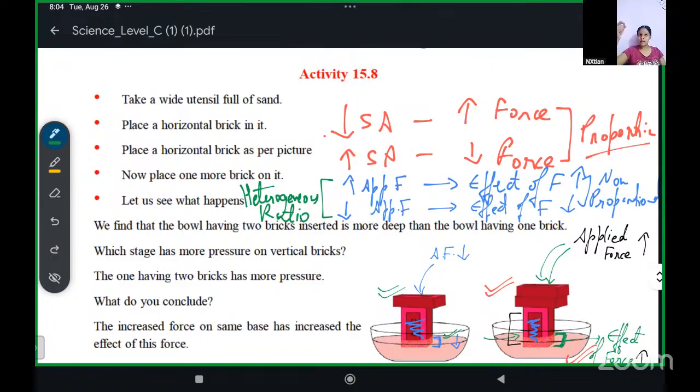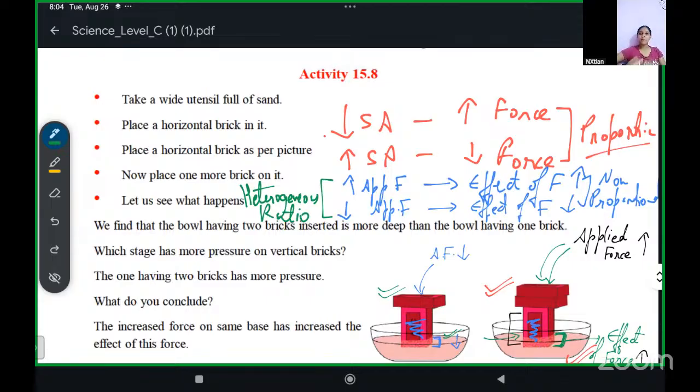But if you are putting the head of the nail to the wall and hammering on the pointed side, it will not be easily pushed inside the wall, because the surface area is more and the force that is applied is less.